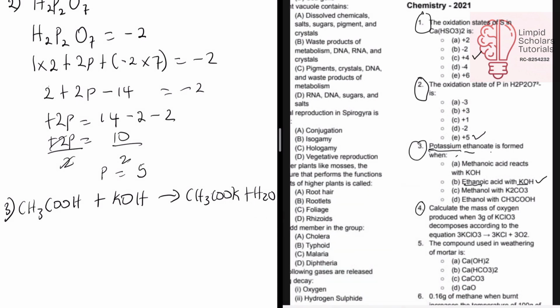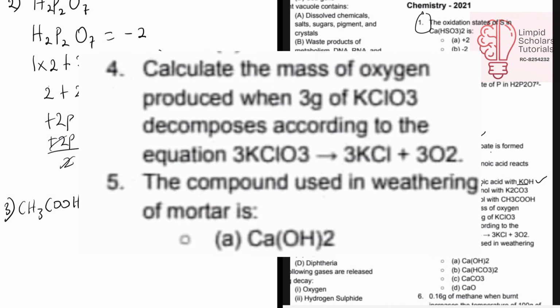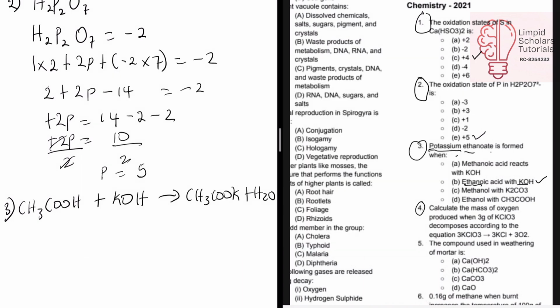Number 4: Calculate the mass of oxygen produced when 3 grams of KClO3 decomposes according to the equation 3KClO3 to 3KCl plus 3O2. They've already given us the equation of the reaction, so we'll be looking for the molar mass. Firstly, the molar mass of KClO3.